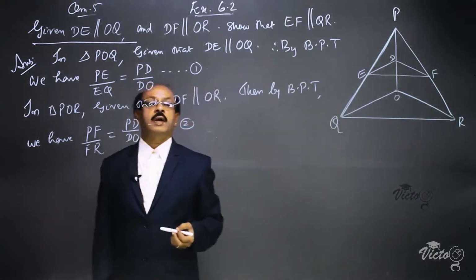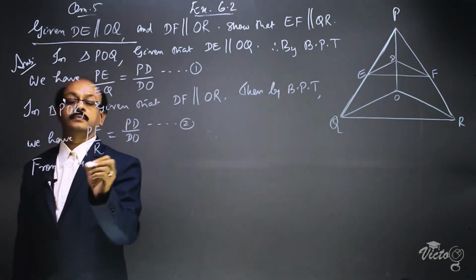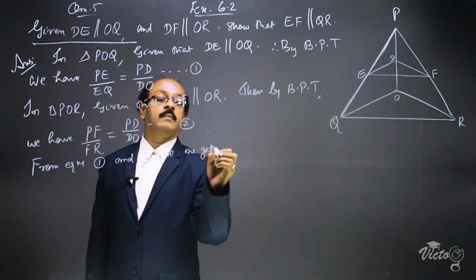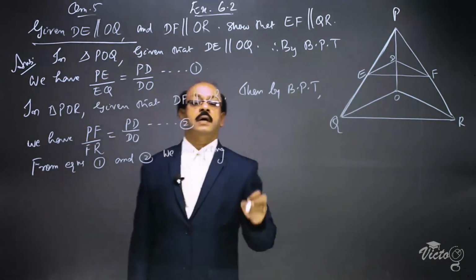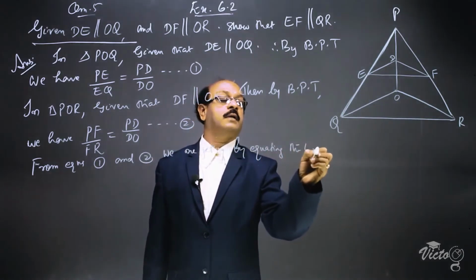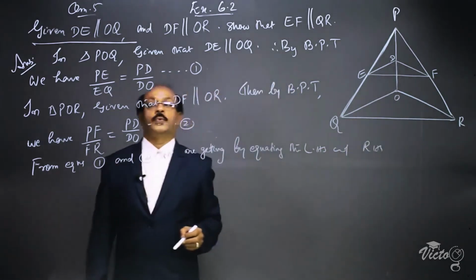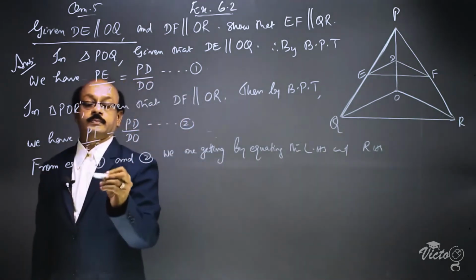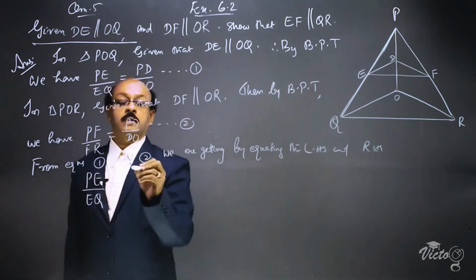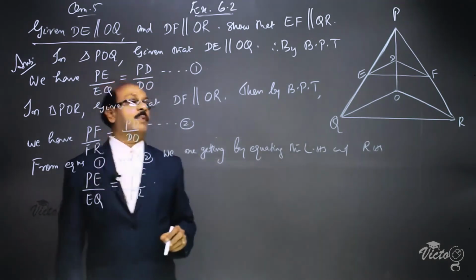So by equating the LHS and RHS, we get the result PE by EQ is equal to PF by FR.